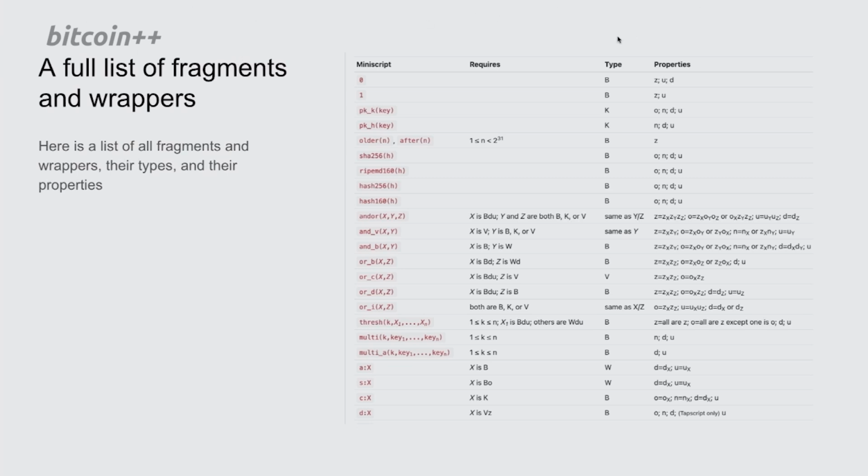This isn't the most readable, in my opinion, but this is part of the spec page. You could actually see what properties each fragment has, depending on its child, and its children are denominated by these subscripts of ZX, ZY. Again, the spec is not super readable, but maybe with some context before going into it, it might be more comprehensible.